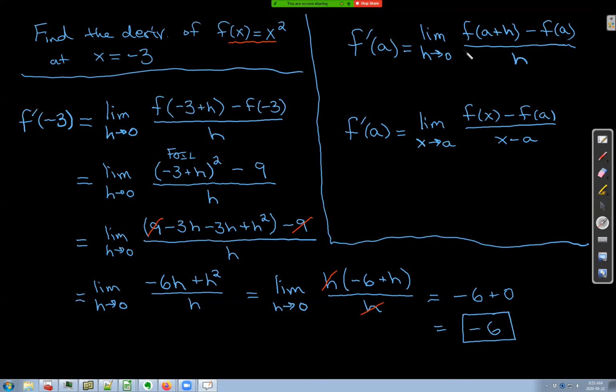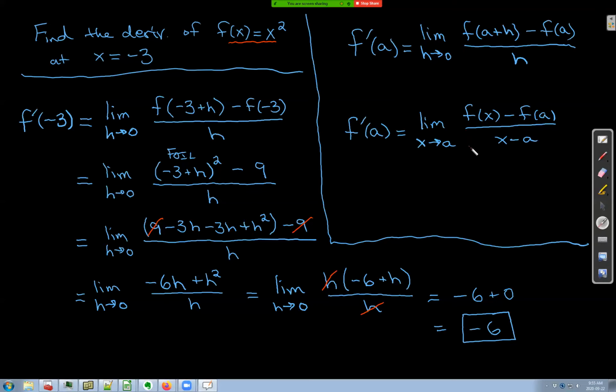So just be aware of that. The fact is, if you want to get a grade of an A, you probably should have both of these memorized. If you want to be a true expert in calculus, you should remember both of these formulas and be able to use either one.